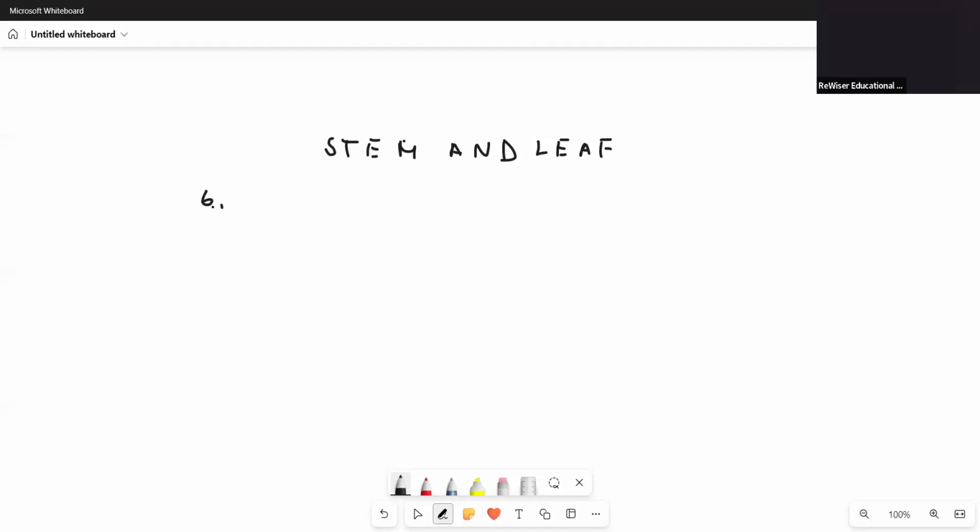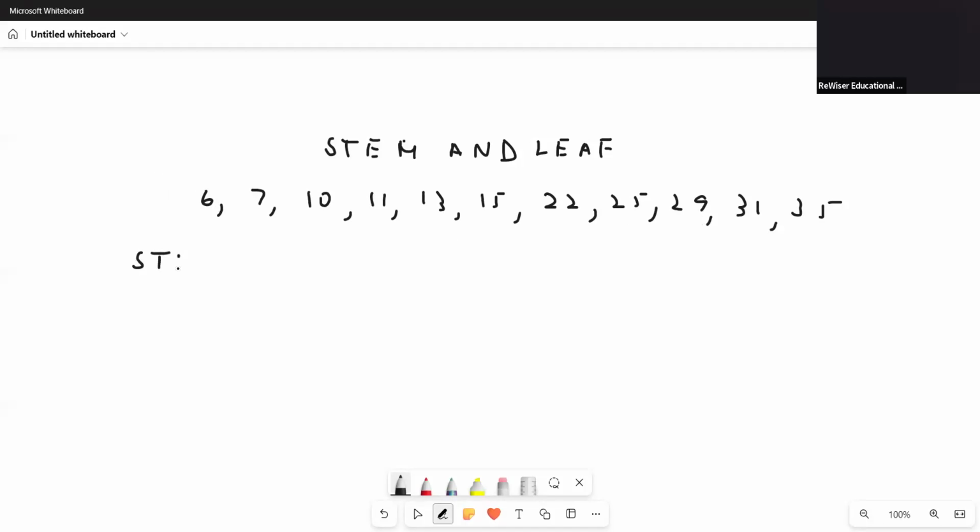Suppose we have data like 6, 7, 10, 11, 13, 15, 22, 25, 29, 31, 35, and we are asked to draw a stem and leaf plot. Step one is always to put the data in ascending order, which literally means you start from the smallest data and go to the highest. Here we have already arranged the data in ascending order.